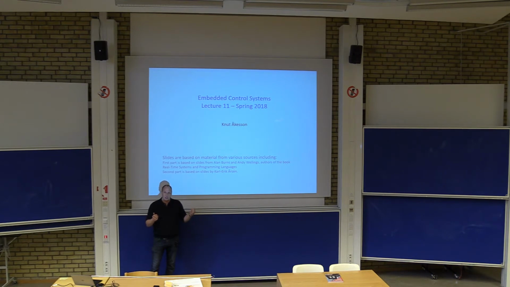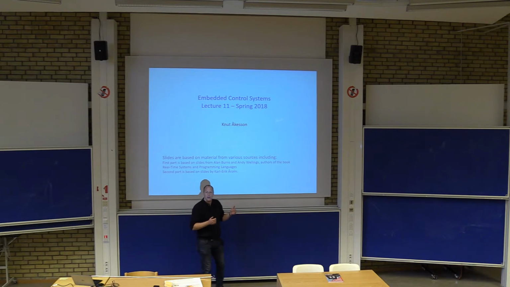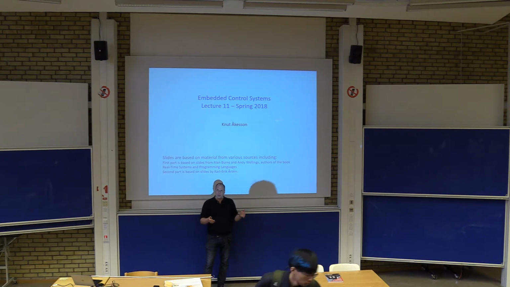The operating system keeps a queue of tasks that are ready to execute, sorted by priority. At every point in time it will choose the task with the highest priority and let it execute.